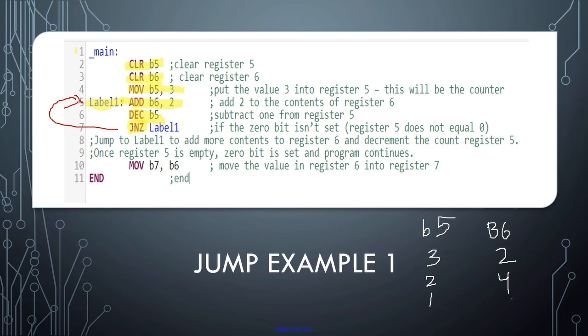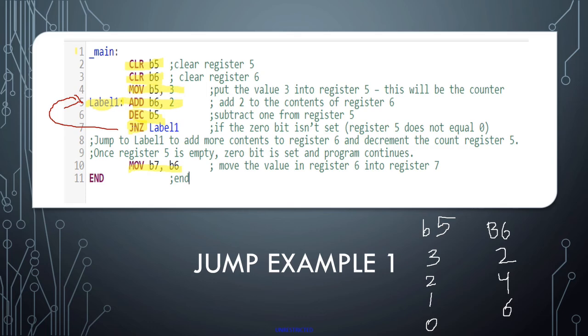For B6, we add 2 again. We get a total of 6, and then we decrement B5, so it becomes 0. Now that B5 is 0, when we get to line 7, the jump if not 0 command, the 0 bit is now set, so we're not jumping. What we're doing now is moving to the next line.